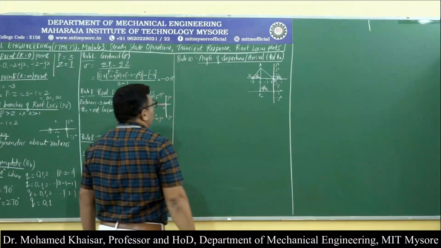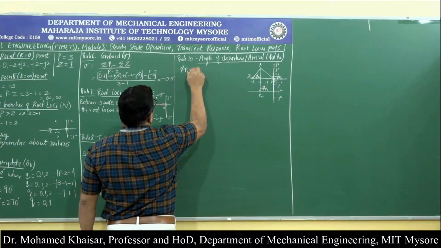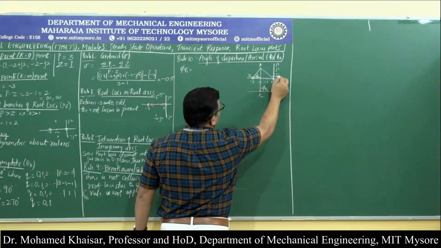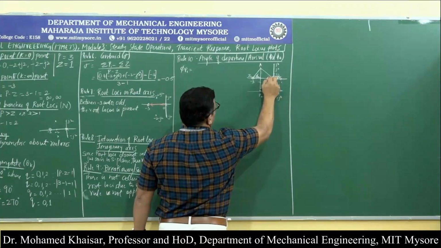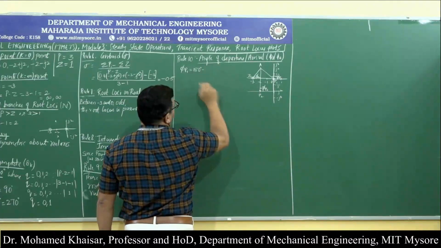Okay. Now, what is Phi P1? Phi P1, this angle, will be equal to 180 minus this angle, so 180 degree minus x.